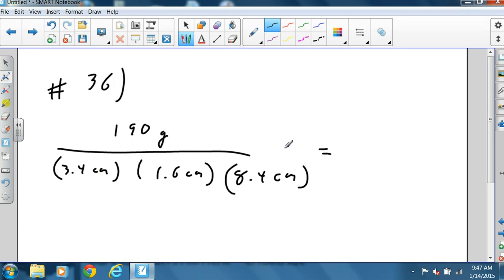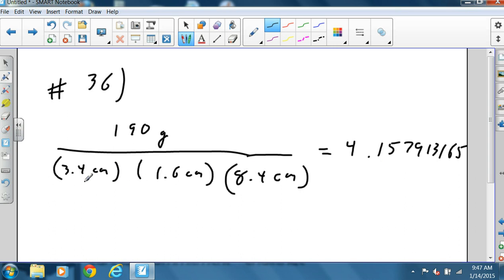All right, well, we just throw this in our calculator. 190 divided by 3.4 divided by 1.6 divided by 8.4, and so I got 4.157913165 is what my calculator is telling me.